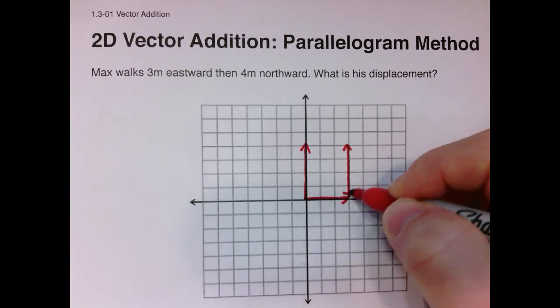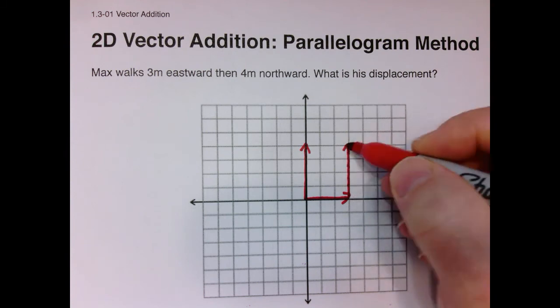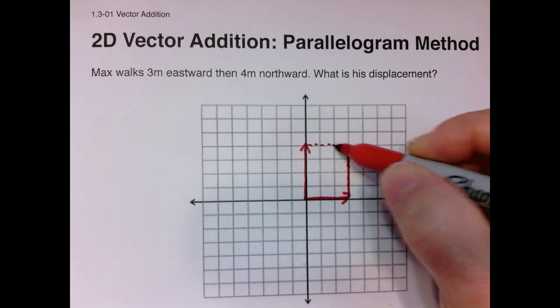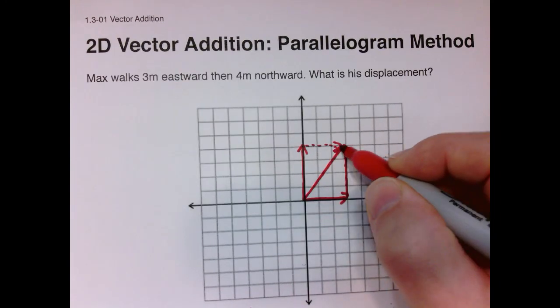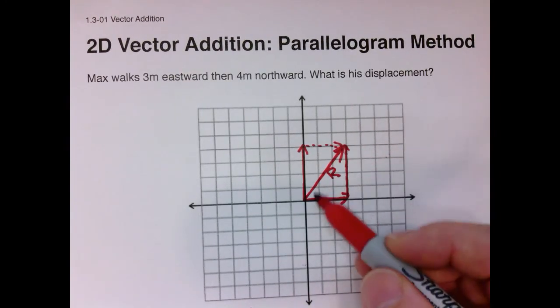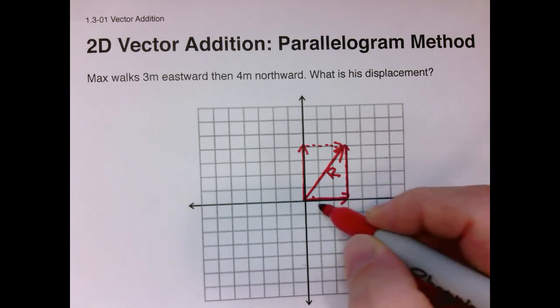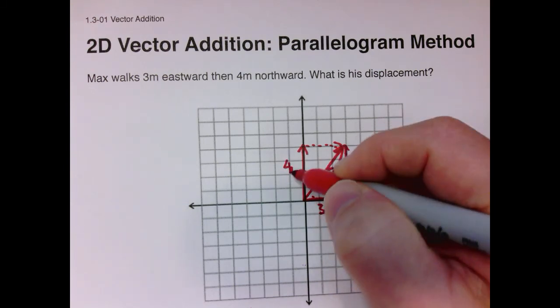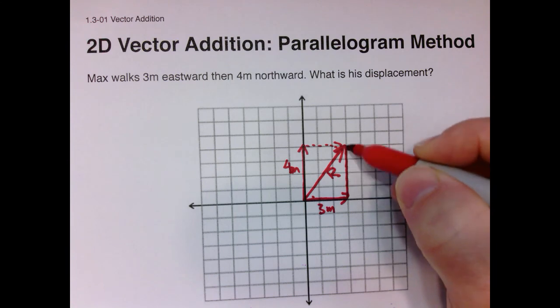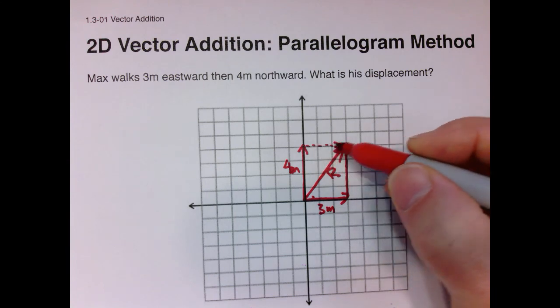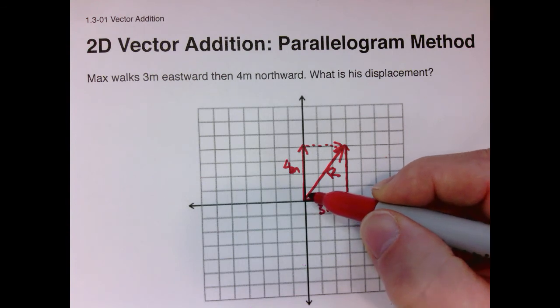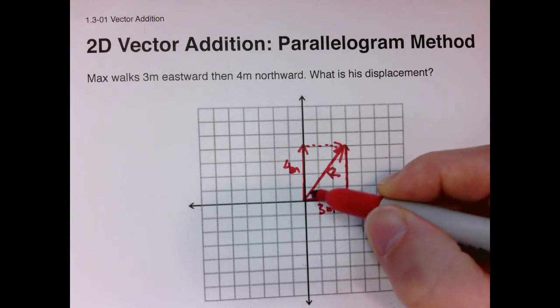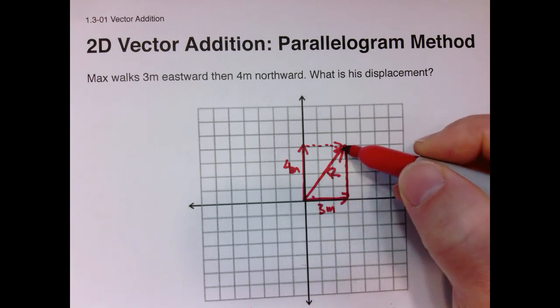This one should be dotted. And this is the resultant. So here is vector 3 meters. Here is the 4 meters. The shapes we draw to complete the diagram should be dotted. And the diagonal of the parallelogram coming out of the vertex of the two vectors is the resultant.